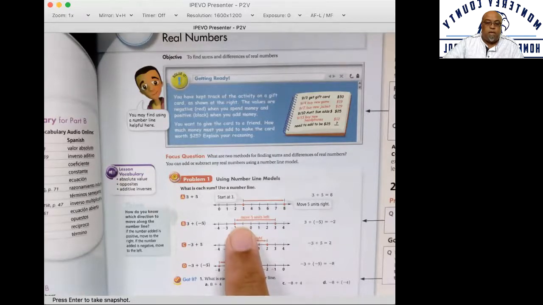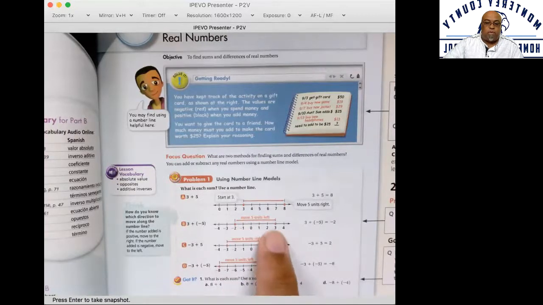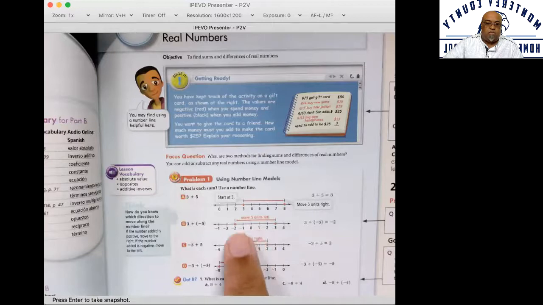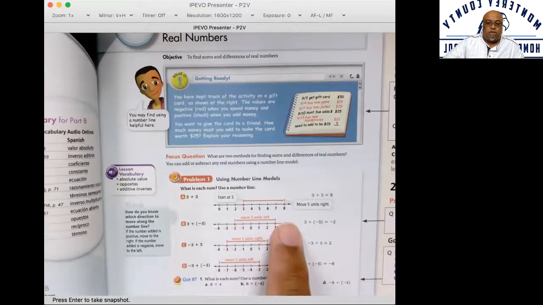Okay? So in this case, our answer would be negative 2. Because if we count backwards 5 spaces, starting at 3, we go 2, 1, 0, negative 1, negative 2. So I move 5 spaces back. I'm now at negative 2. So 3 plus negative 5 is negative 2.